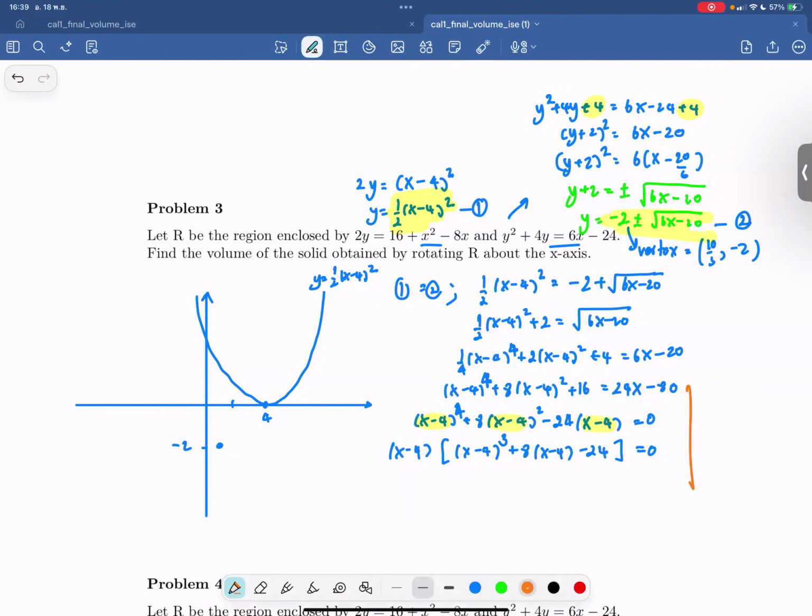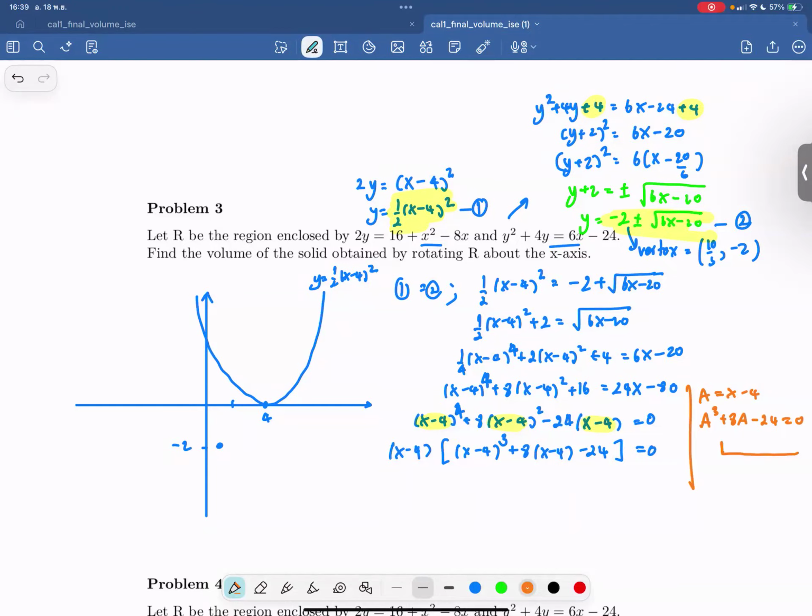Then I will try to factorize this term by using the long division. So I may take a to be x minus 4. So this one should be the equation a cube plus 8a minus 24 equal to 0. And then I use a long division to find the factor.